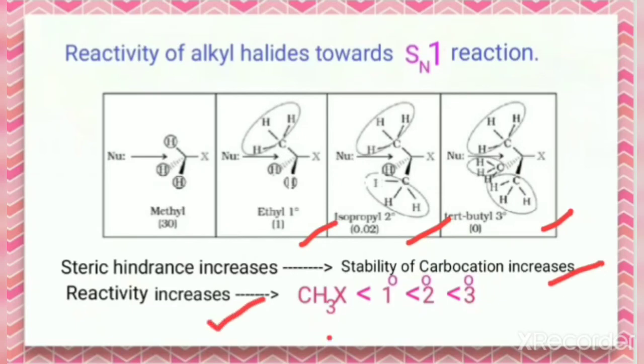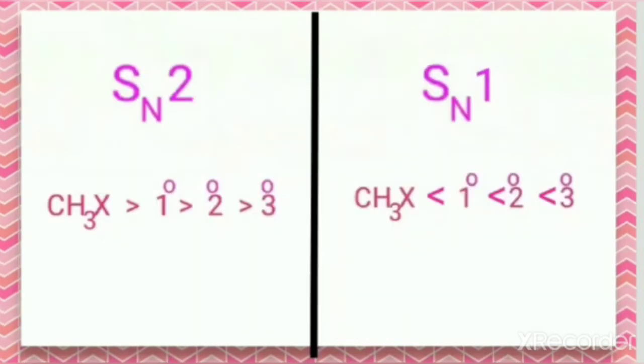So this is the order of reactivity for the unimolecular nucleophilic substitution reaction. When we compare the reactivity of alkyl halide towards nucleophilic substitution, we find that it takes place in two ways, by SN1 or SN2 mechanism. In SN1, the reactivity increases with the increase in the bulkier size group.